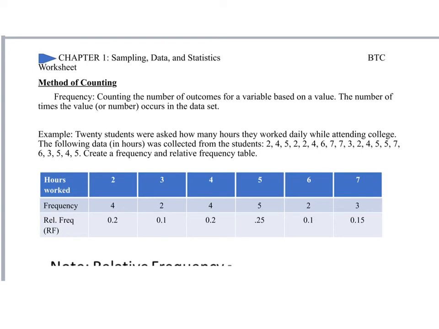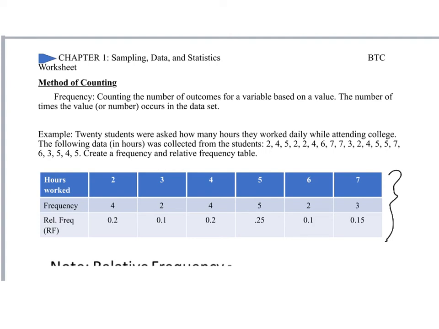We're going to create a frequency table, and the frequency table in this particular case is the following. So here's our frequency table. The hours worked were 2, 3, 4, 5, 6, and 7.